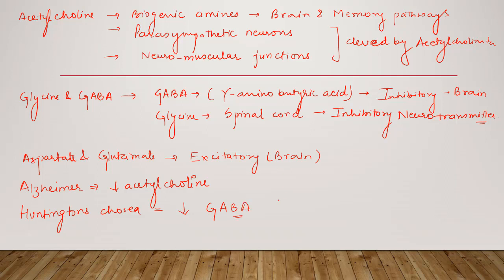Then there is one more neurotransmitter, dopamine, which is a catecholamine, along with noradrenaline and norepinephrine. Dopamine is a neurotransmitter in the midbrain and limbic system, meaning the emotional brain.